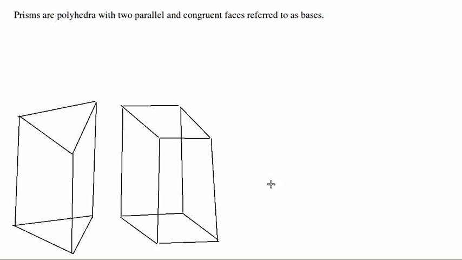So, here's an example where the top base is not lined up vertically with the bottom base. Okay, so that's still a prism. It still meets the requirements to be a prism.